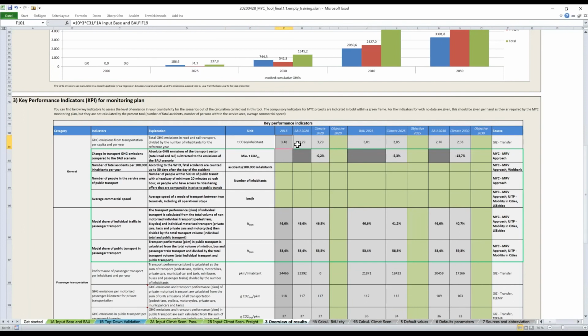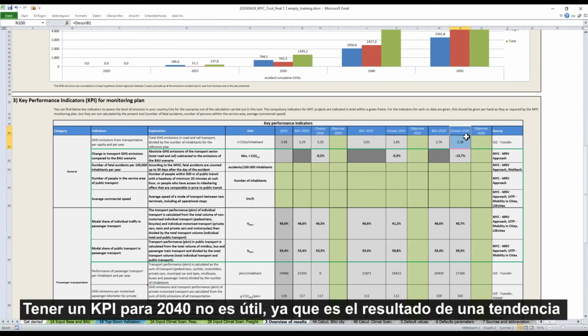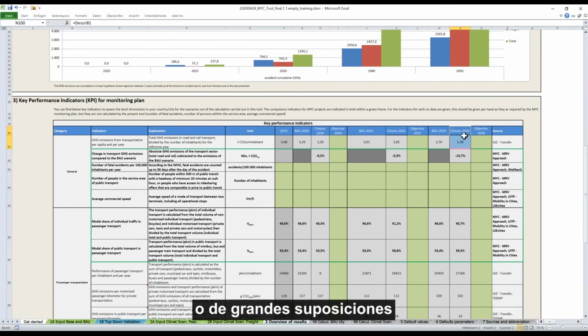It means 10 years. After that, it's kind of a trend, but to have really special KPIs for 2040, where everything is the result of a trend of big assumptions, it's not so useful, let's say.